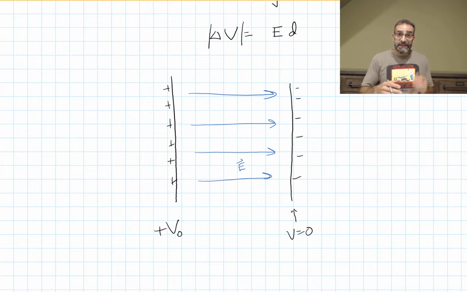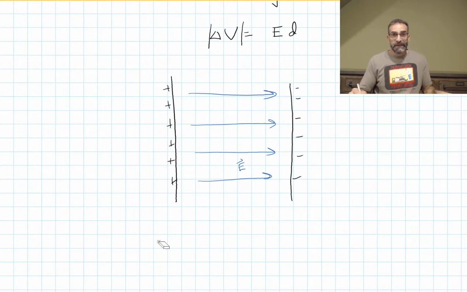It would have to be that many volts higher than the right plate because our electric field points in the direction of lower potential. The potential on the positive plate has to be higher than the potential on the negative plate. And if we know the potential difference is V naught, and we know the right one is 0, the left one has to be positive V naught.